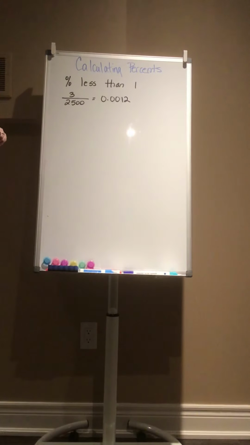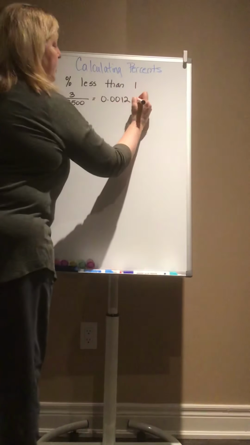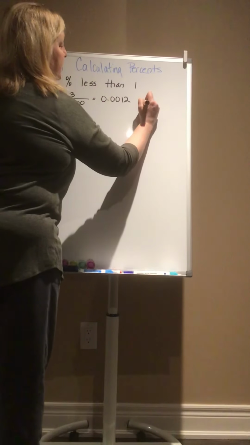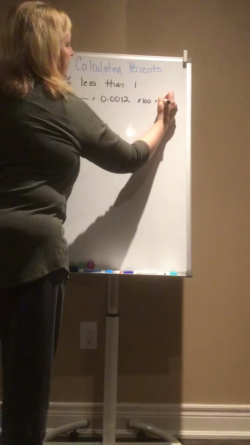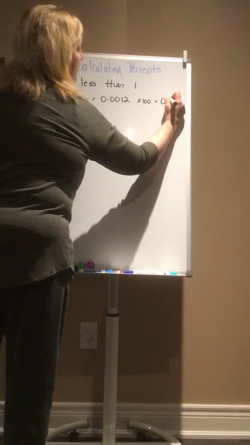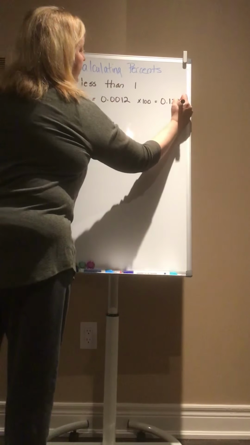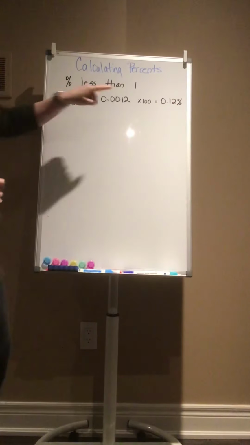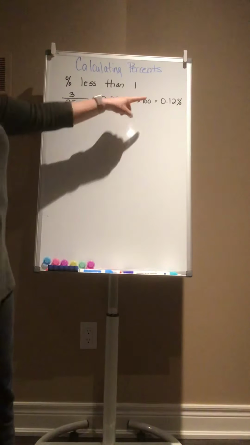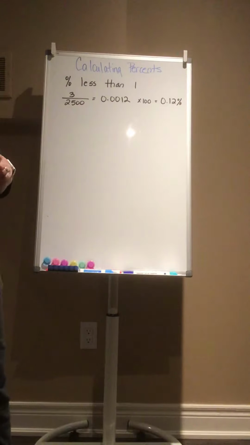That's what it looks like as a decimal. If I want to turn it into a percent, I'm going to multiply by 100, which equals 0.12%. That's less than 1%. It's about 1/5 of 1%.